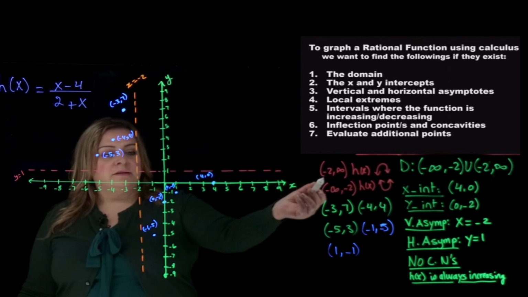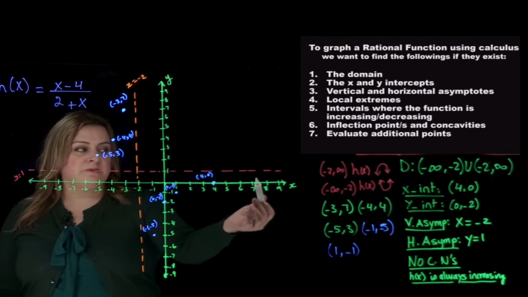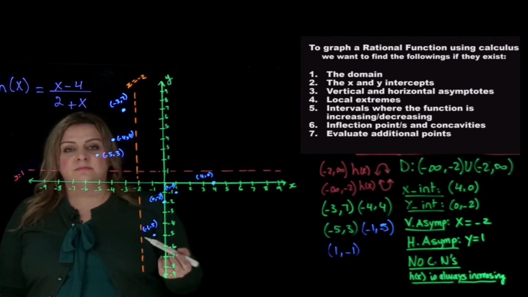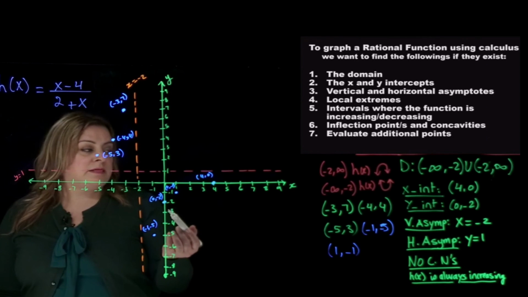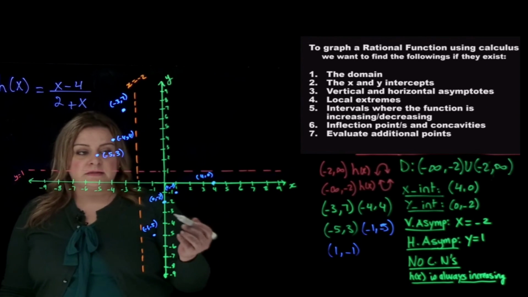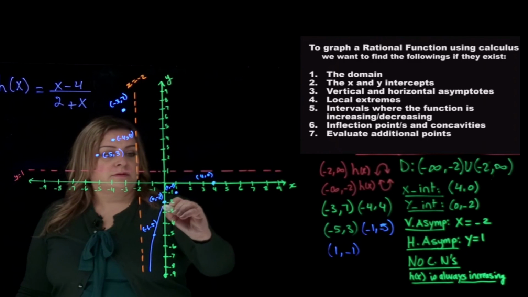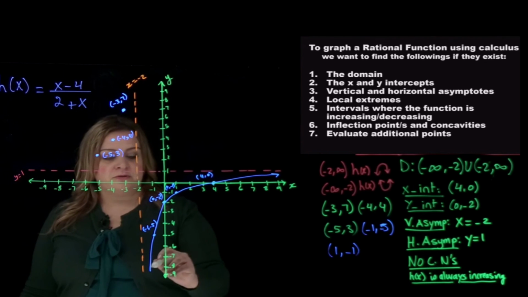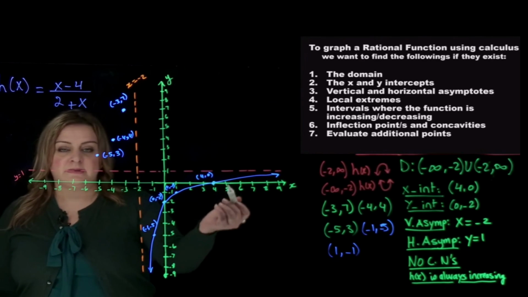I know on the interval -2, infinity on the right side, my original function is concave down. Also, I know that h of x is always increasing. So concave down on here, I'll have h of x on this interval looking something like this.